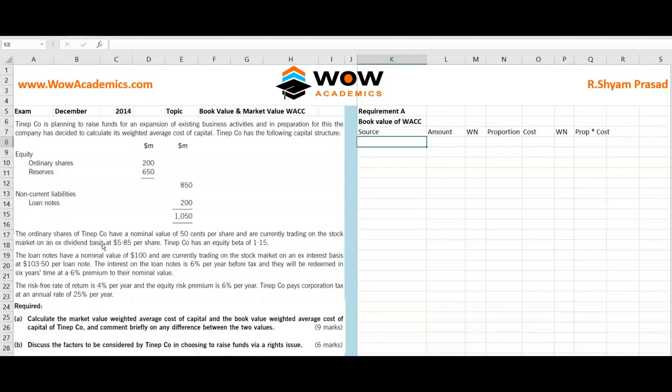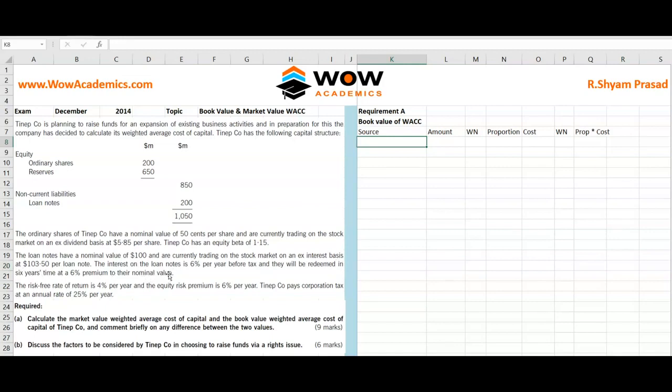The ordinary shares of TCO have a nominal value of 50 cents per share and are currently trading on the stock market on an ex-dividend basis at 5.85 per share. TCO has an equity beta of 1.15. The loan notes have a nominal value of 100 and are currently trading on an ex-interest basis at 103.5.